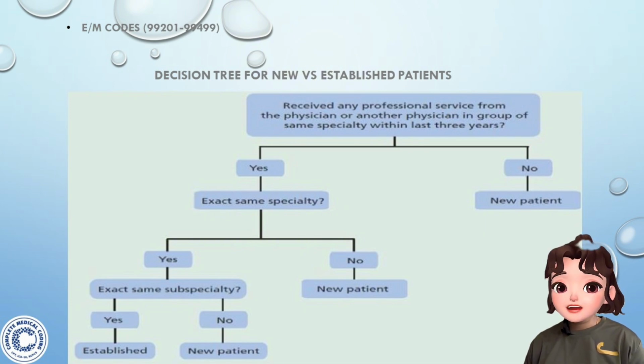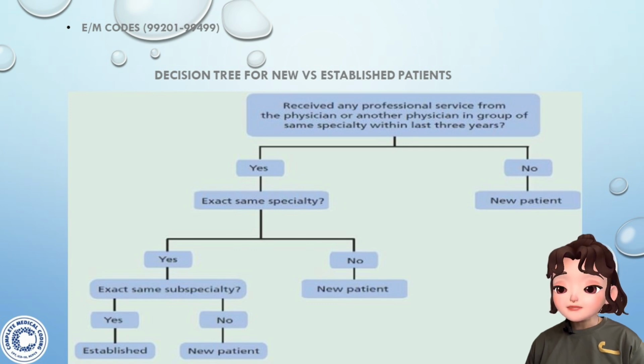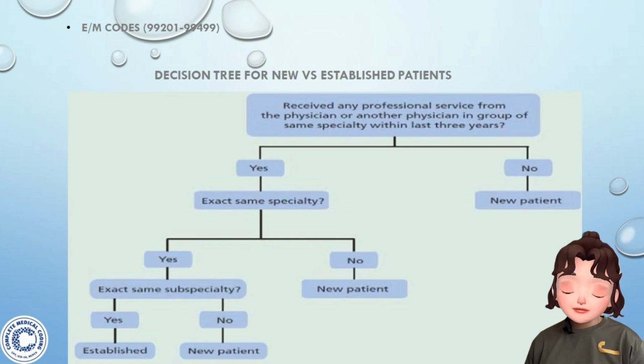So it means if the patient has visited the same doctor, the same specialty, same subspecialty, then it will be an established patient. Here it's talking about the last 3 years.